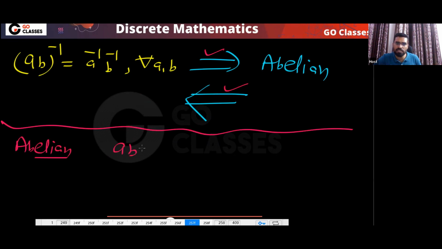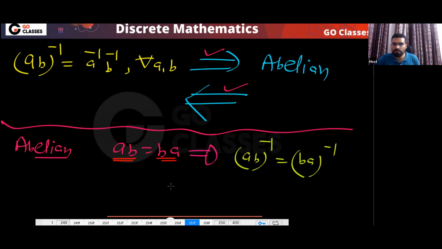Because if you have abelian, meaning AB equal to BA, then what can you say? Because both are the same, their inverses will also be the same. So this means B inverse A inverse, and this means A inverse B inverse.